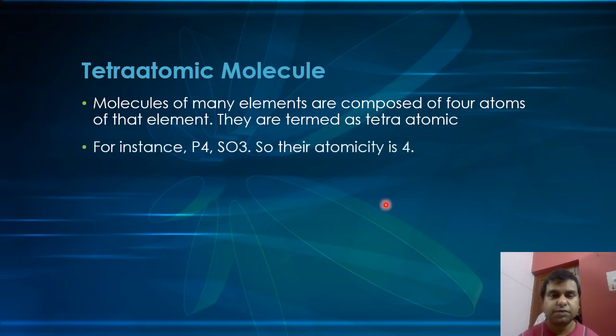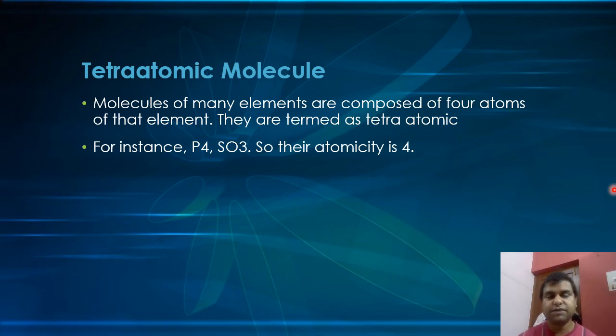You see over here in the case of phosphorus, it is made up of 4 atoms. And you have sulfur trioxide, which has 3 atoms of oxygen and 1 atom of sulfur. So in total, how many atoms are present in this molecule? 4 atoms. Hence the atomicity is 4.